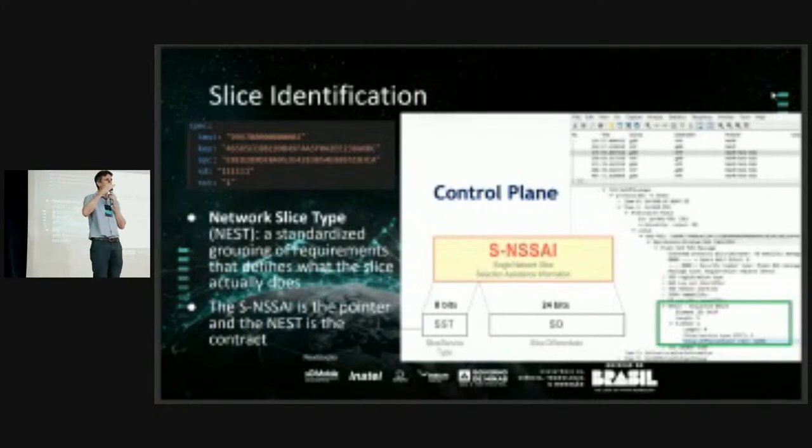I instantiate many slices considering my virtual infrastructure. We have other concepts. This is important because this is a concept, and Gustavo will show it in the demo. We configure this information in one virtualized and softwarized infrastructure using Kubernetes.